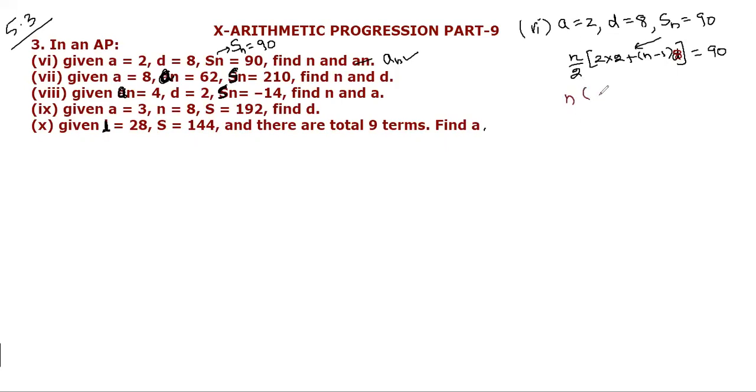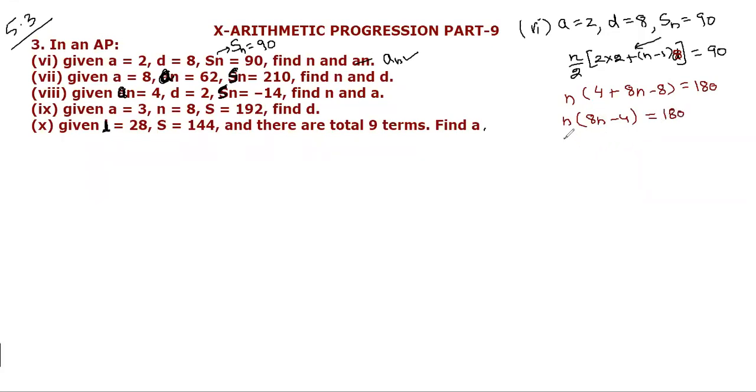So n is equal to 2 into 2, 4, plus 8 into n minus 1, which is 8n minus 8. 8 will multiply inside. And 90 will multiply with 2, 9 twos are 18, 180. So we get n into 8n minus 8 plus 4, so minus 4 is equal to 180.